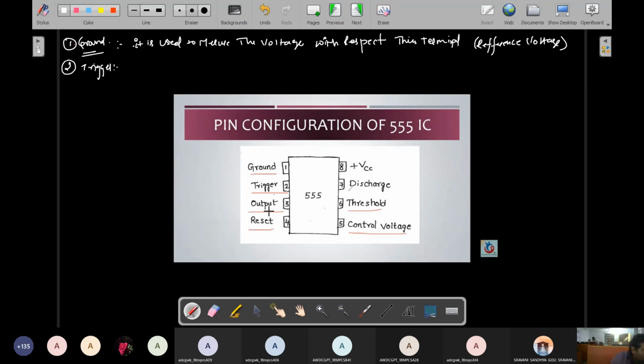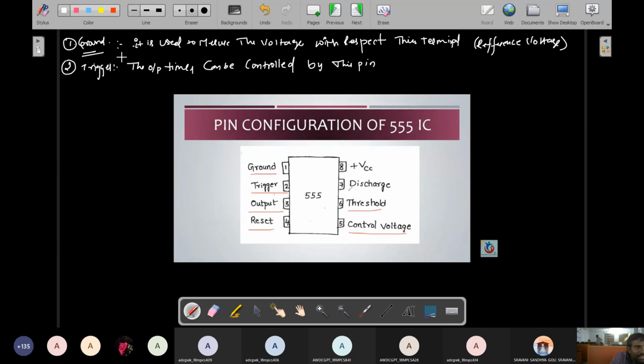Therefore this output timer can be controlled by this pin. The output of the timer can be controlled by using this pin.